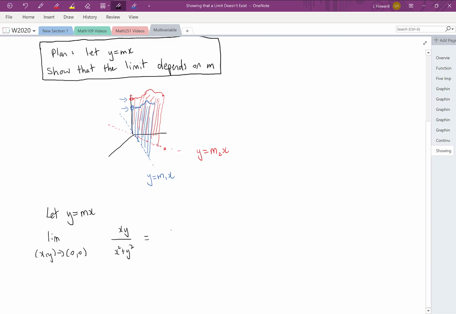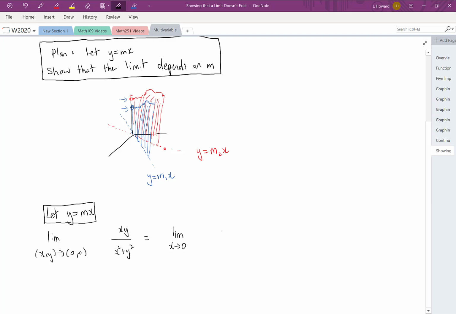That's equal to the following limit. We can now write limit as x goes to 0. The reason we can do that is we've said y equals mx, so as x goes to 0, that forces y to go to 0. So we're safe to write limit as x goes to 0, and we're going to make the substitution y equal mx.